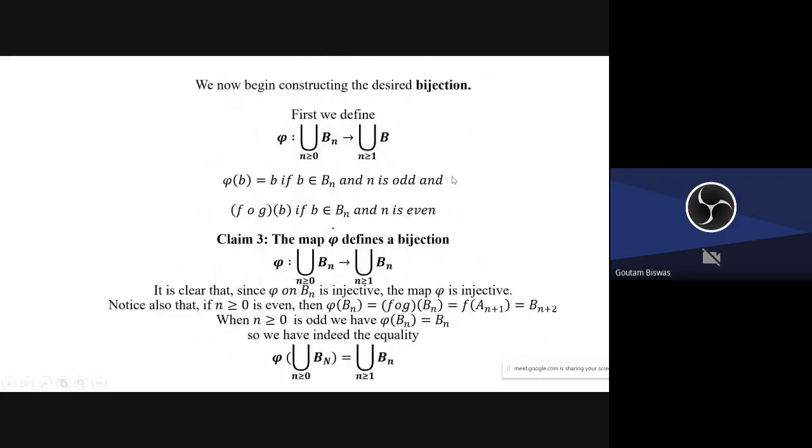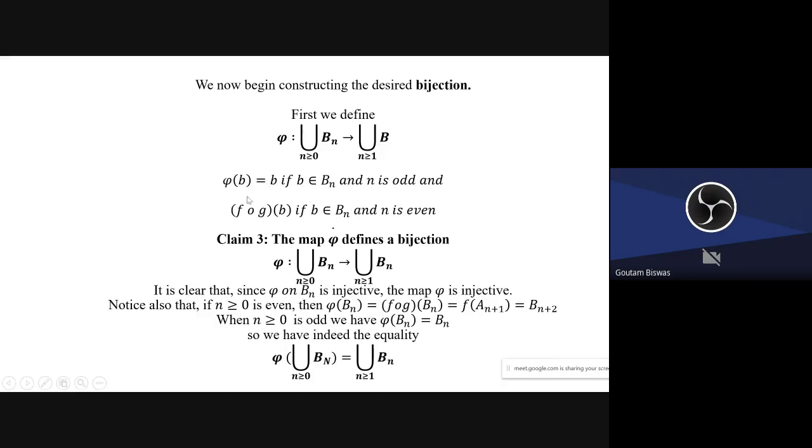Now see, we define a bijection function, that is union of Bn goes to union of B. Now here n is greater than or equal to 0 and here n is greater than or equal to 1. By this, how is this function phi defined?